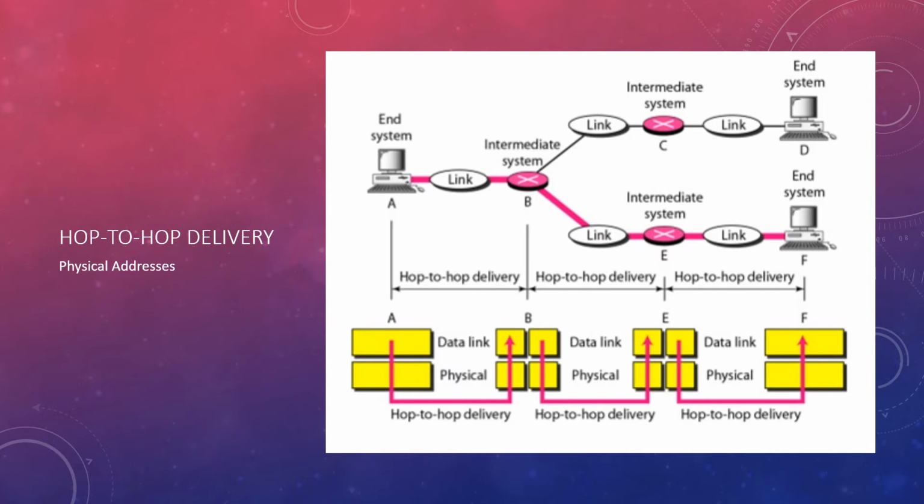It's the same for our data. The data will transmit from source to destination by hopping from node to node, in this case called hop-to-hop delivery. The address will be changed each time the data goes to the next node until it arrives at the destination. The addresses that they use to guide them throughout the delivery are called physical addresses.